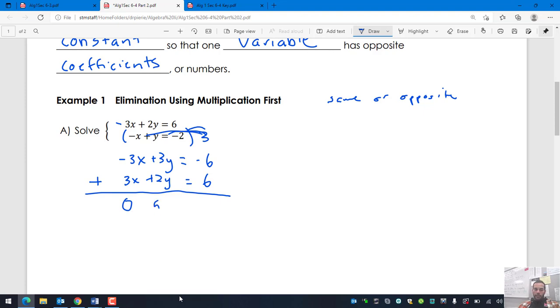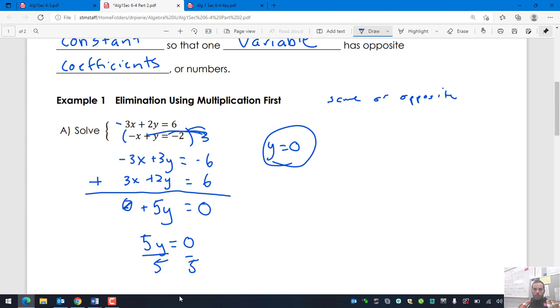That should give me +5y is equal to -6 plus 6. -6 plus 6 is equal to 0. Okay, this 0 doesn't really matter, so what I'm left with is 5y is equal to 0. And if I want to solve for y, I divide both sides by 5, and I should get y is equal to 0.